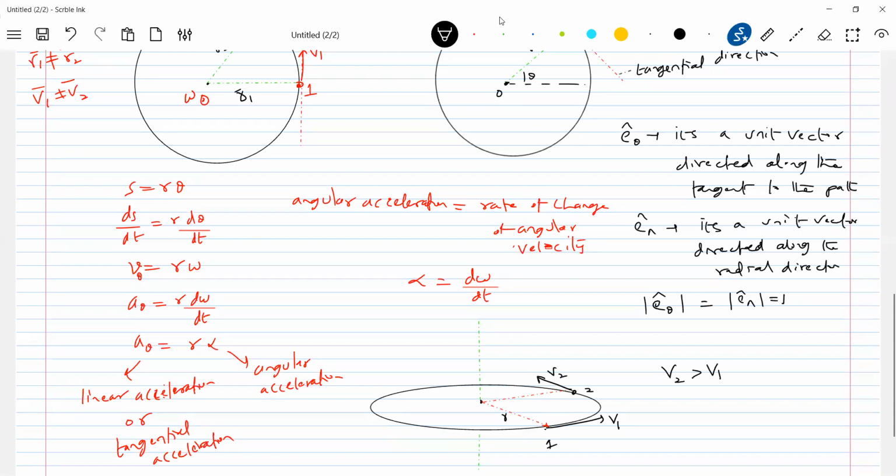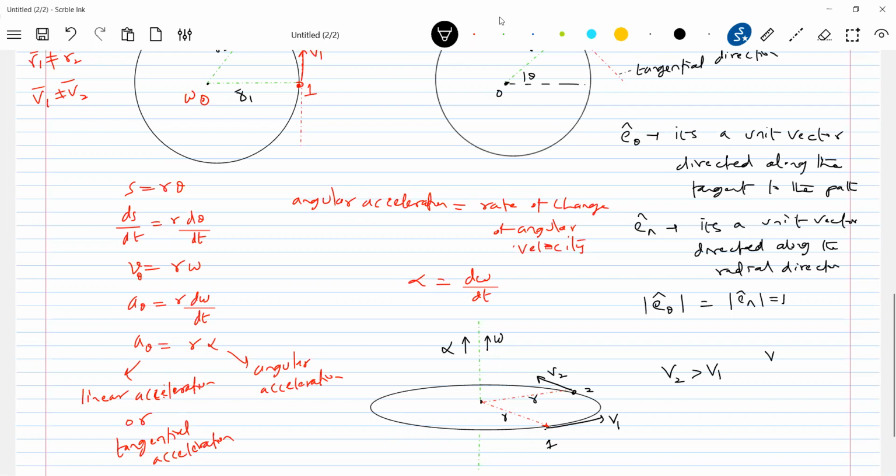Then what about the omega? Omega will be directed like this. Here we'll get even the tangential acceleration. We know V is varying, so actually it should be omega 1 and omega 2. I'm just writing the angular velocity, and it's a variable. V1 equals R omega. And if the rate of change of angular velocity is constant, then alpha will be constant.